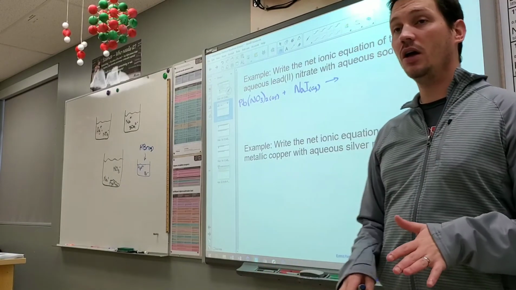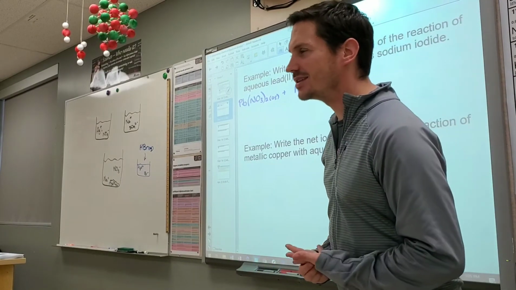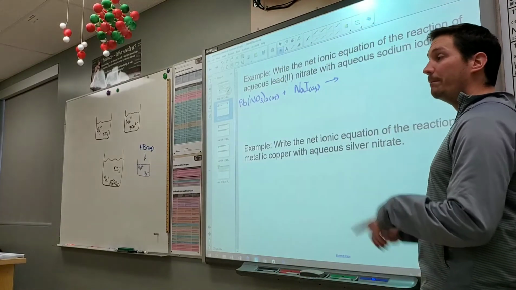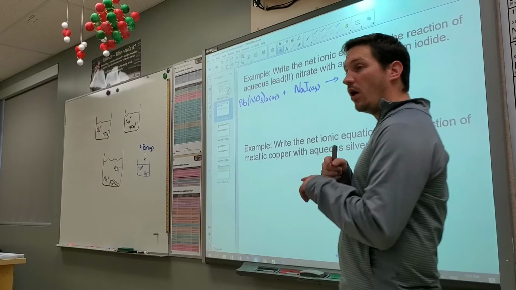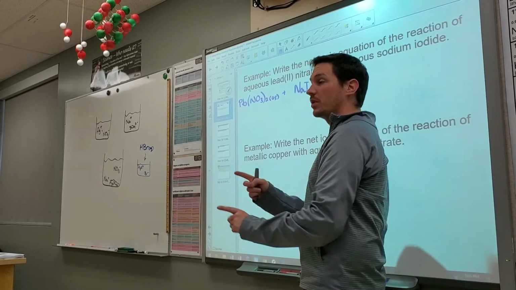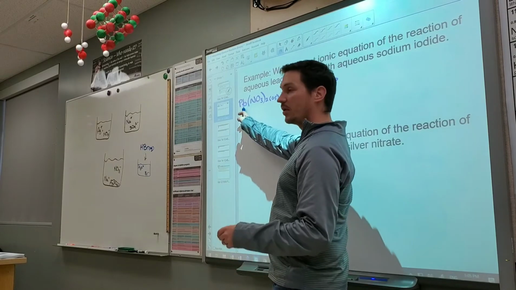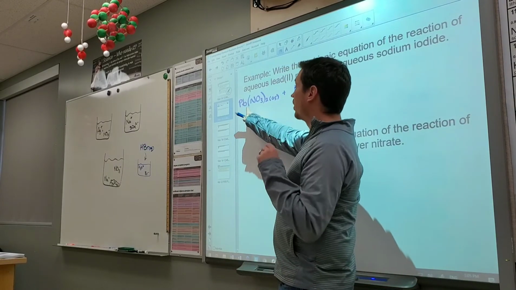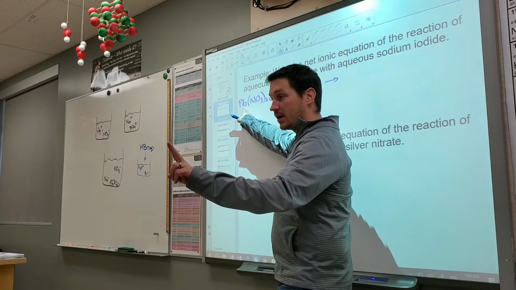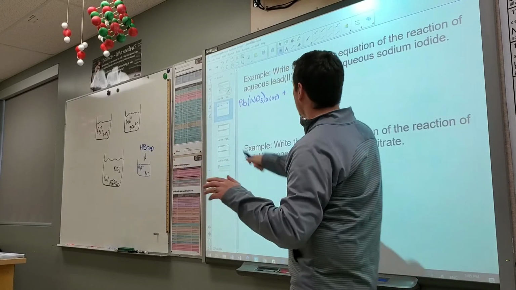What do you think these two things will create? First of all, what type of reaction is this? It's double replacement. So both of the metals are going to swap, or both of the nonmetals are going to swap. It doesn't really matter as long as they change partners. So who's the lead going to be partnered up with? Iodide. So we're going to get lead 2 iodide, right? The lead 2 still exists.